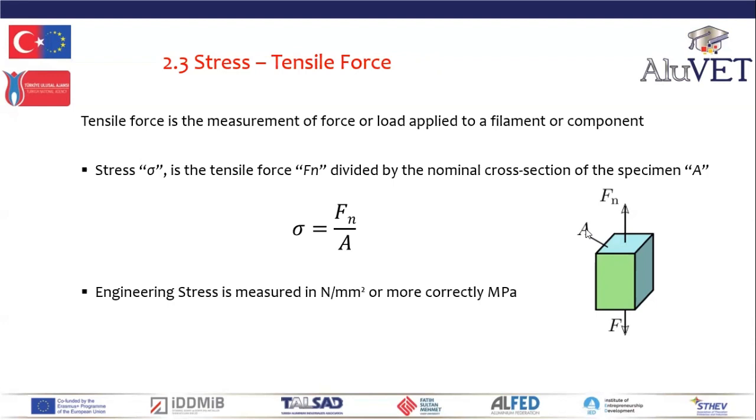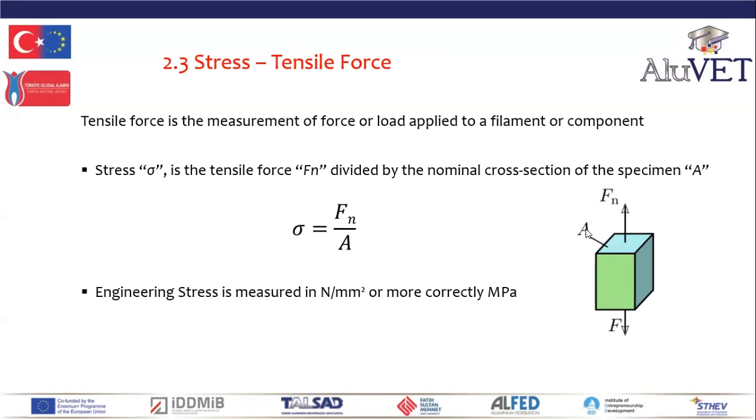Stress, sigma, is the tensile force, Fn, divided by the nominal cross-sectional area of the specimen. So if we divide the applied force in newtons by the cross-sectional area, we have an engineering unit of stress.